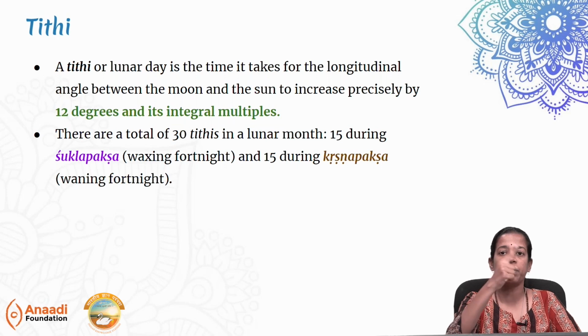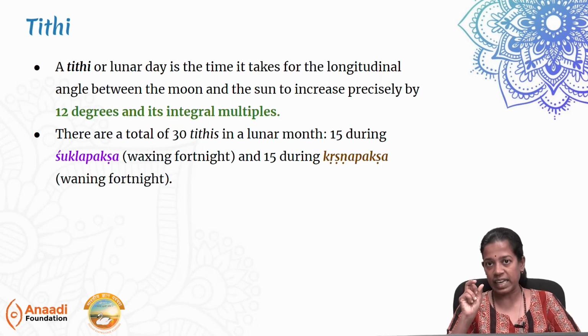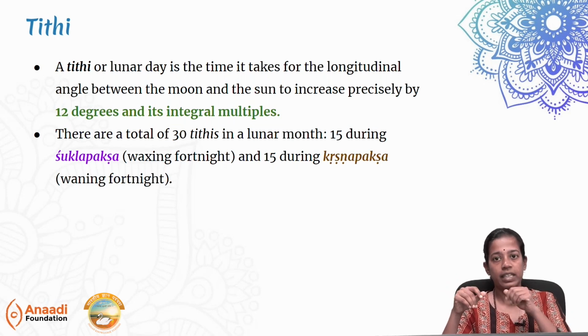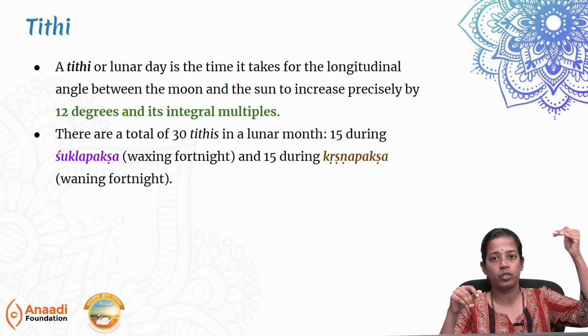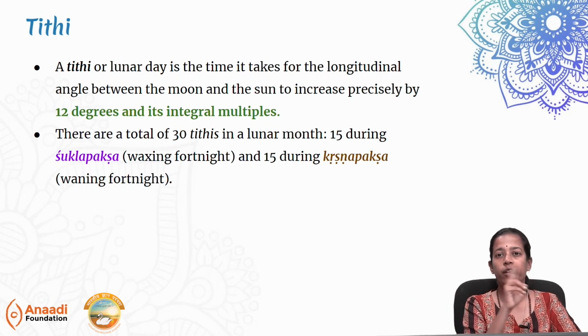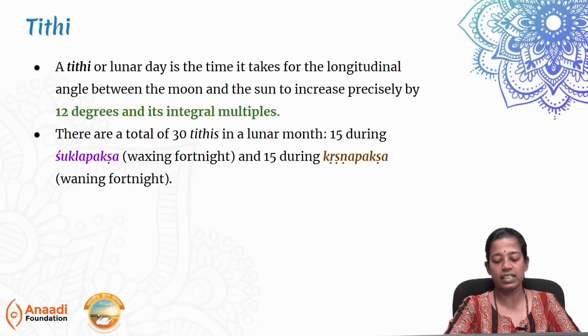So, the difference between these two is taken for Tithi calculation. For example, let us assume that the sun is roughly at 250 degrees and the moon is at 260 degrees. So, the longitudinal angular distance between them is roughly 10 degrees. That is how we go on to calculate.